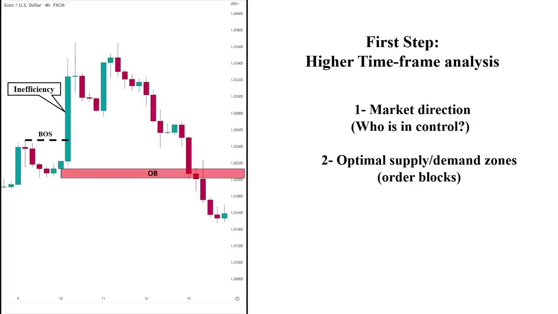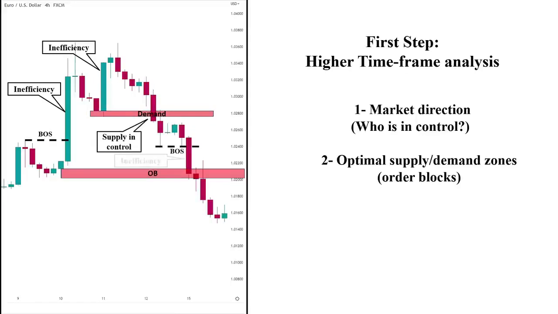Then price pushes to the upside with inefficiency, but since it could not break the structure, we will call this a demand zone. After that, price broke the demand zone to the downside, so we can now say that supply took control. Once again, we had inefficiency with a break of structure, so we mark the new order block. And this zone would make a perfect selling opportunity, and our target would have been the next unmitigated order block.